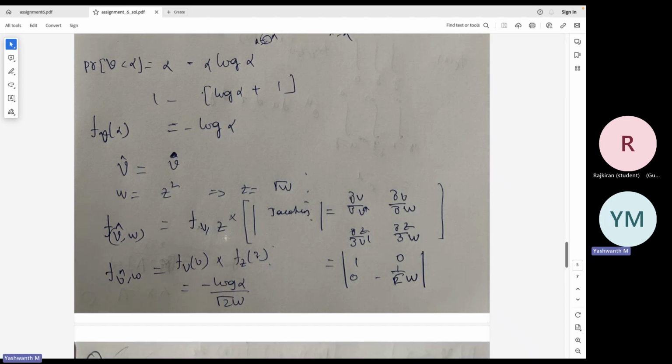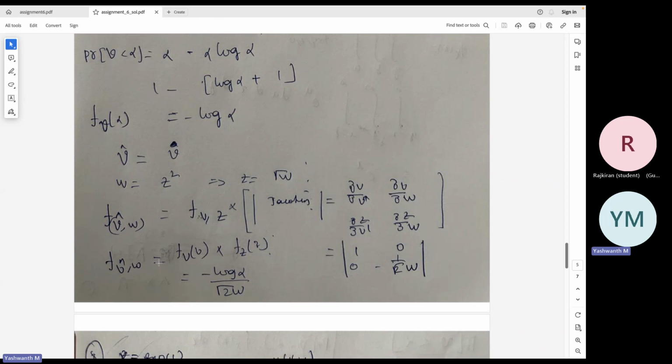So that's precisely how it is written. The density of V hat, W is the density of V and Z, where V has density minus log alpha, Z is uniform, that is 1, times the Jacobian.